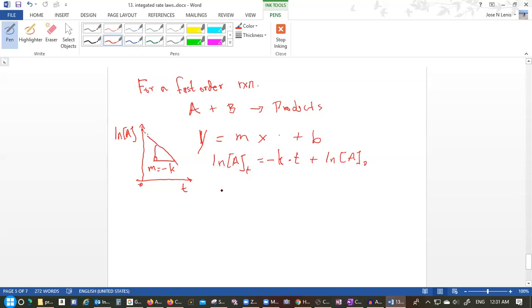Now this is where you have to apply the log properties. You say the natural log of A at time t minus the natural log of the concentration of A at time 0 equals negative kt.